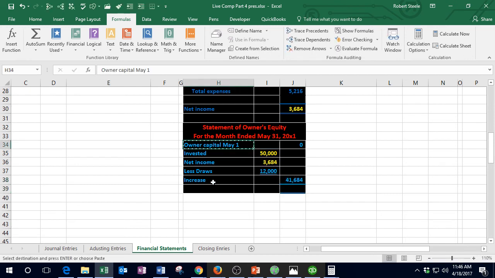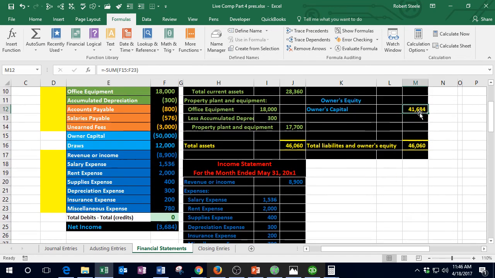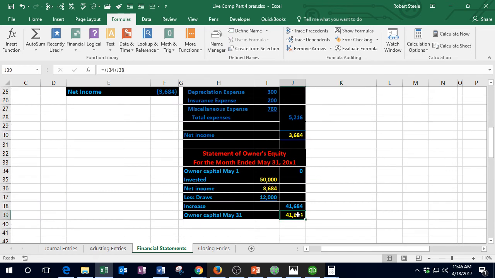Then I'm going to copy this, paste it there, and then I'm just going to change the end date to the 31st. And of course, this is just the 0 plus the 41,680. The 41,680 then is this number, 41,680. So again, if I could just highlight all this down, that's the 41,680, which should be the end number on our statement of equity.